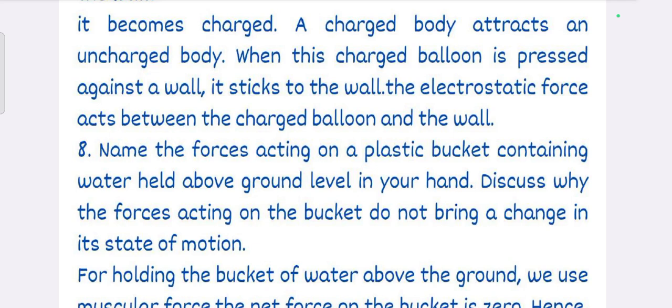When this charged balloon is pressed against a wall, it sticks to the wall. The electrostatic force acts between the charged balloon and the wall.